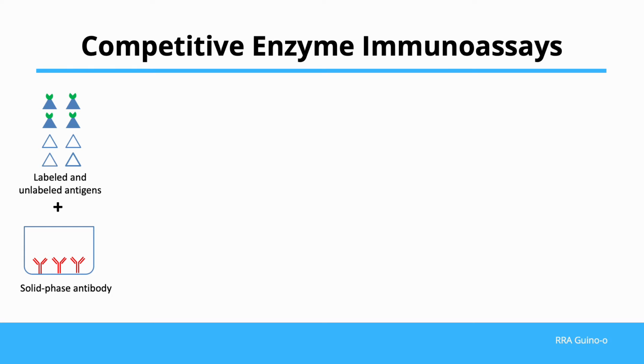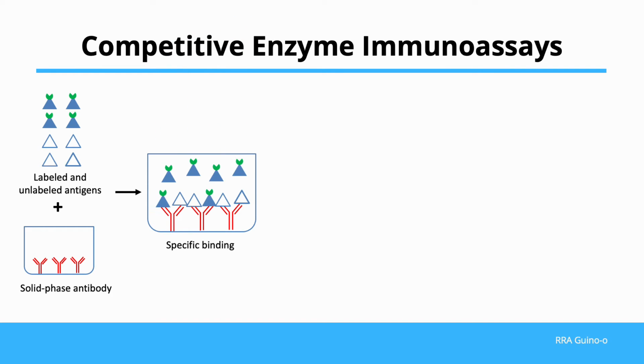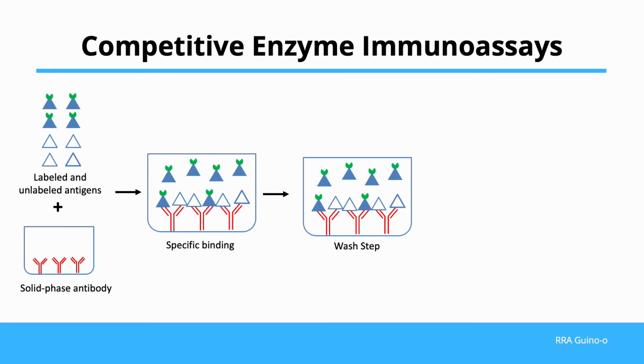And of course, our unlabeled antigens are the patient antigens or the antigens of interest. We add this to our solid phase antibody, and competitive binding occurs. So both the labeled and unlabeled antigens compete for limited antigen binding sites here in our reaction vessel. Of course, the antibodies should have a higher affinity toward the unlabeled or the patient antigens.